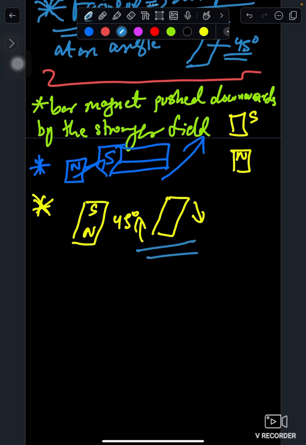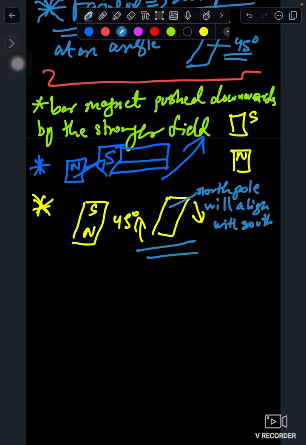The magnetic field will apply a force and make it twist and align the north pole of the bar magnet with the stronger south pole.